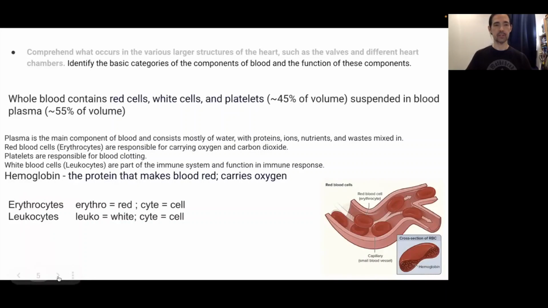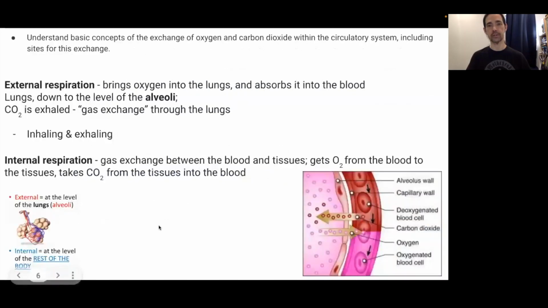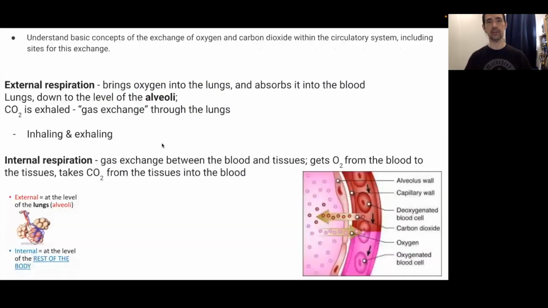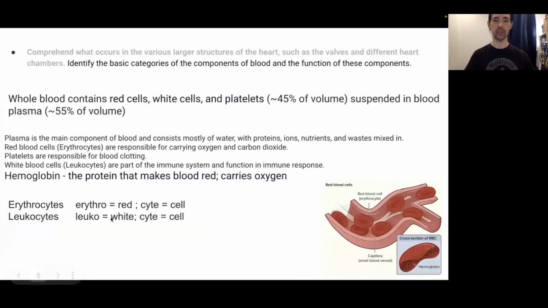Please read the next two slides on external and internal respiration, and let me know next time if you have any questions. This time, because it's pretty simple, you can let me know in the text message thread if you don't understand external and internal respiration.